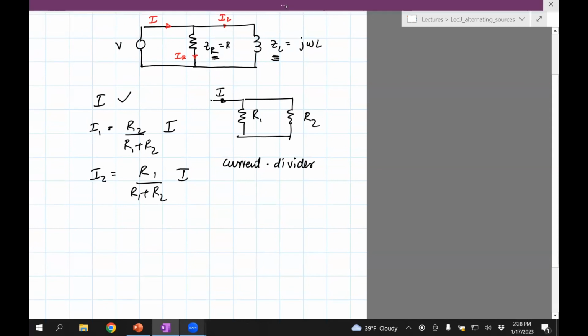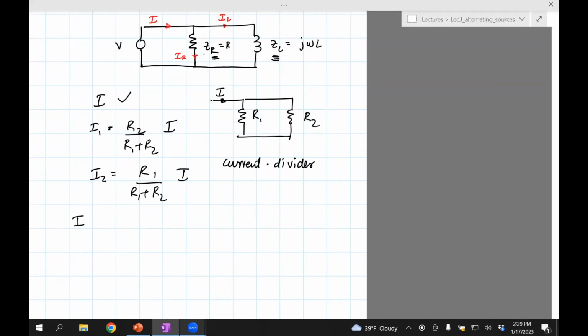So I is known, so I can write IR equals ZL divided by ZR plus ZL times I, but I is V divided by Z, and Z was ZR ZL over ZR plus ZL.